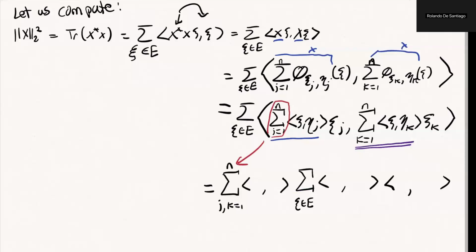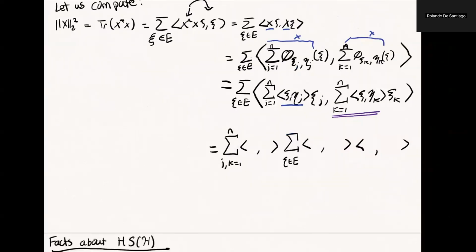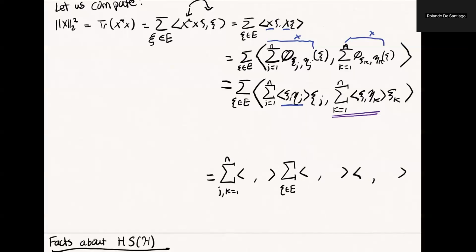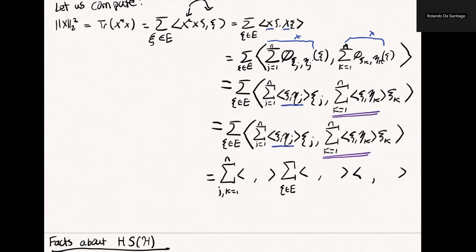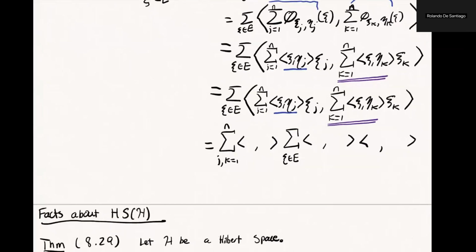Actually, let me explain this a little differently. What I have underlined here in blue is a constant, and this constant can then come out of this sum. Let me add one additional line just to clarify what I'm going to do.